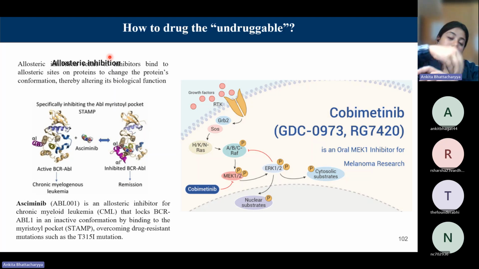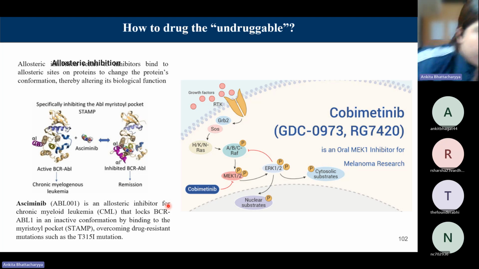When something binds to the allosteric site and inhibits it, it may cause a conformational change, as a result of which the initial binding pocket is no longer accessible. So the protein's normal physiological or biological function is going to be severely compromised.